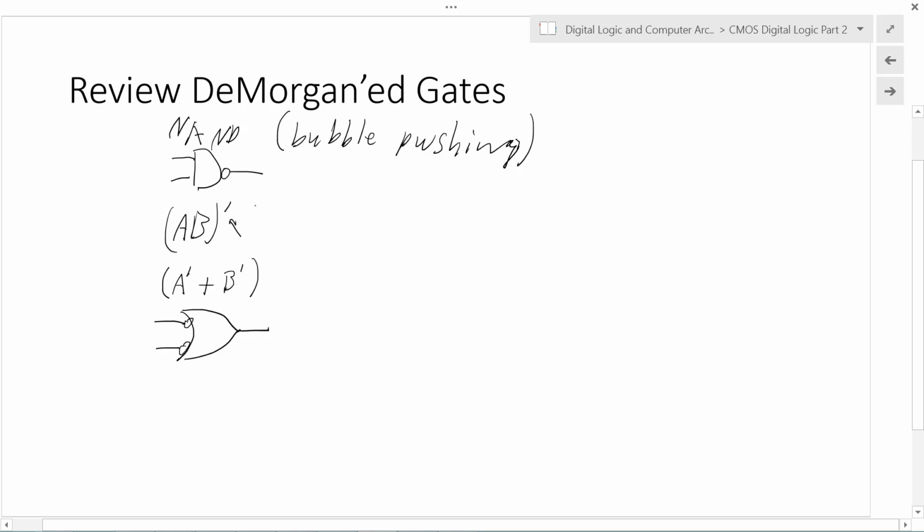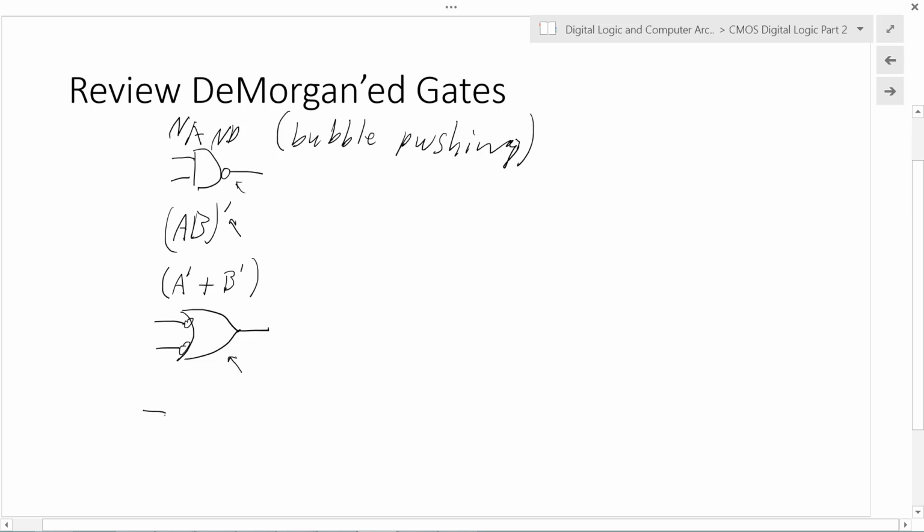And you can draw the NAND gate two different ways. An AND symbol with a bubbled output, or an OR symbol with two bubbled inputs. This works for any number of inputs on the gate.